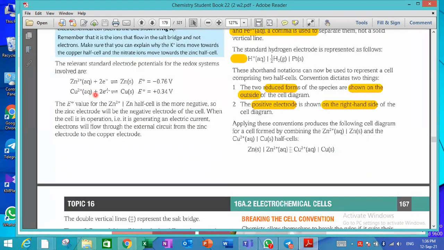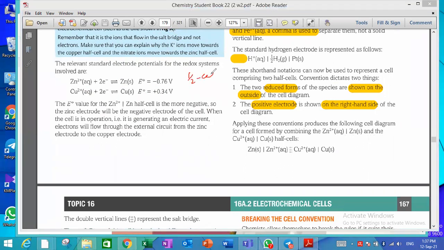Here we have these two half cells. Sometimes they ask us to write the total cell reaction. This is called a half cell reaction, and this is also called a half cell reaction. And when they tell us to write the total cell reaction, we leave the half cell that has the more positive value, because sometimes both of them are positive, but we keep the one having the greater positive value as it is.